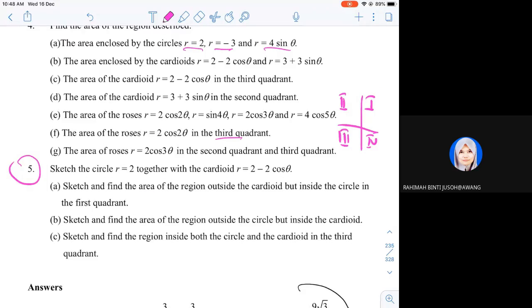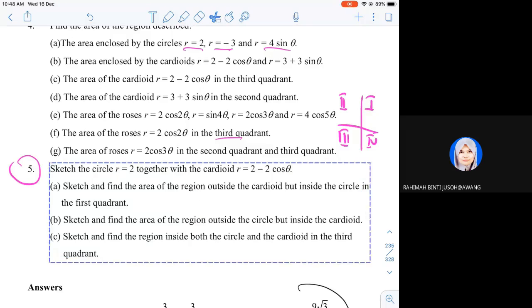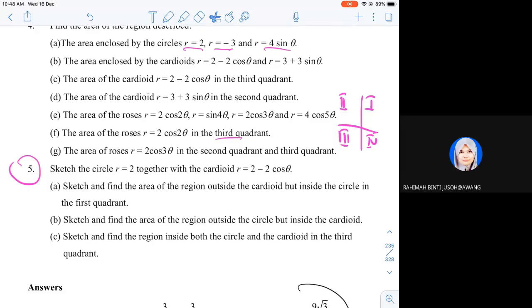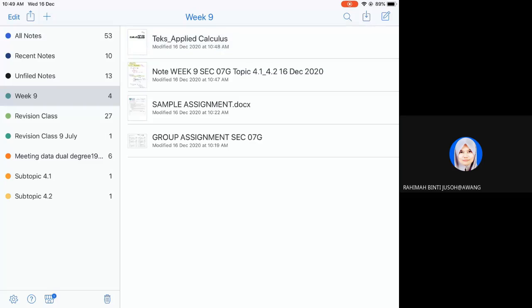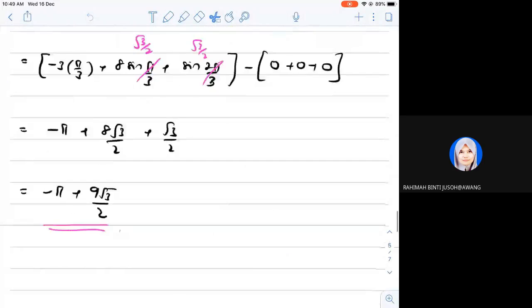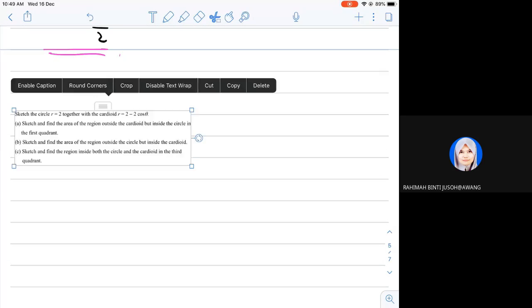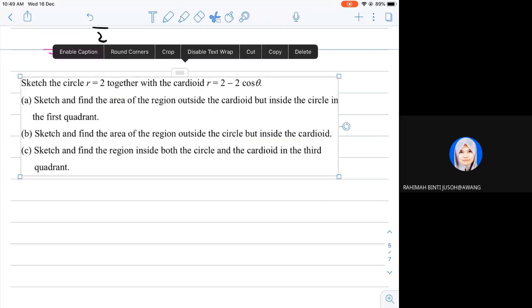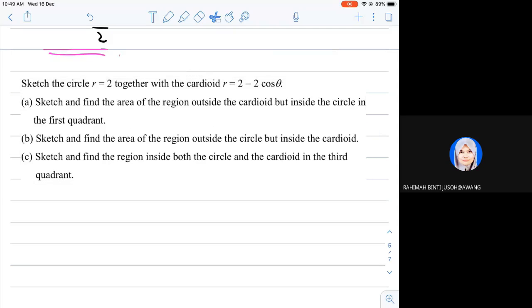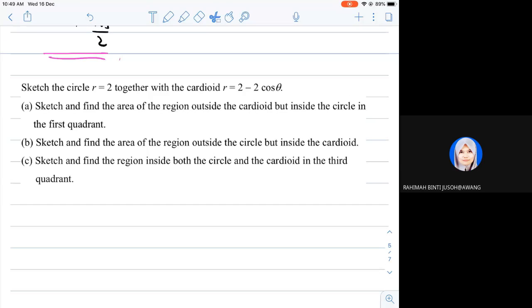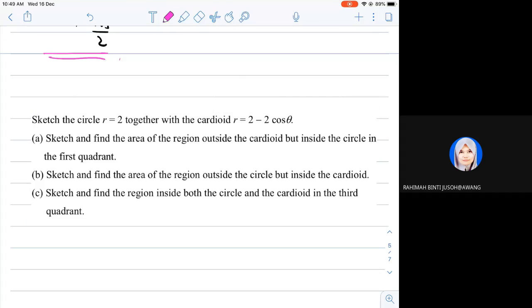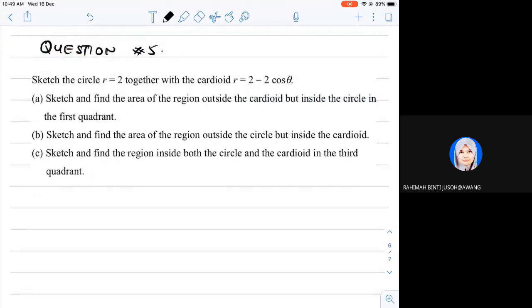Okay, so question number 5. Sketch the circle r equals 2 together with the cardioid r equals 2 minus 2 cos theta.